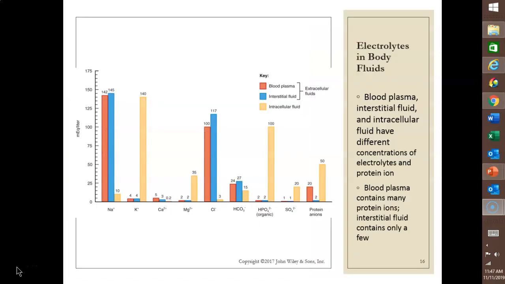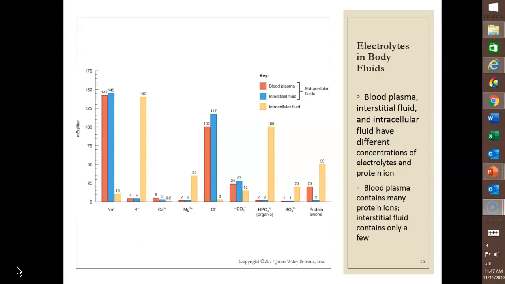This image shows the concentration of the main electrolytes and protein anions in blood plasma, interstitial fluid, and intracellular fluid. The big difference between the two extracellular fluids, the plasma and the interstitial fluid, is that blood plasma has many protein anions in contrast to the interstitial fluid, which really doesn't have that many.